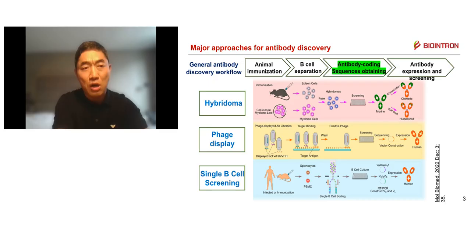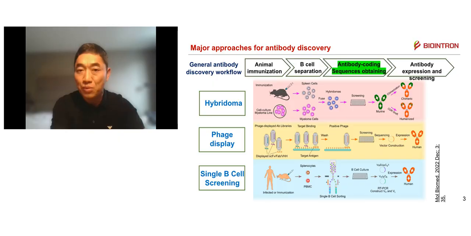Actually, no matter if it's hybridoma, as shown here, or phage display, or single B-cell screening, which we're going to focus on, they follow a very similar workflow. First, begin with animal immunization, and then you harvest B cells, followed by obtaining the antibody coding sequences. When you get these antibody coding sequences, you can do anything, like antibody production, antibody function screening and more.